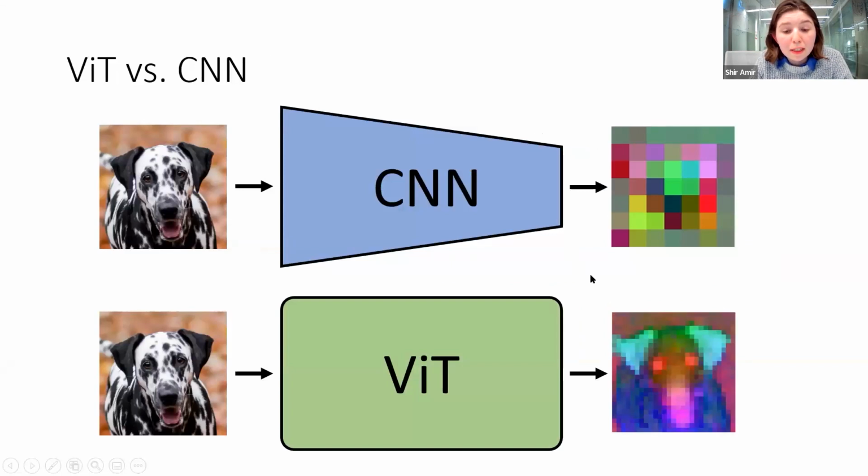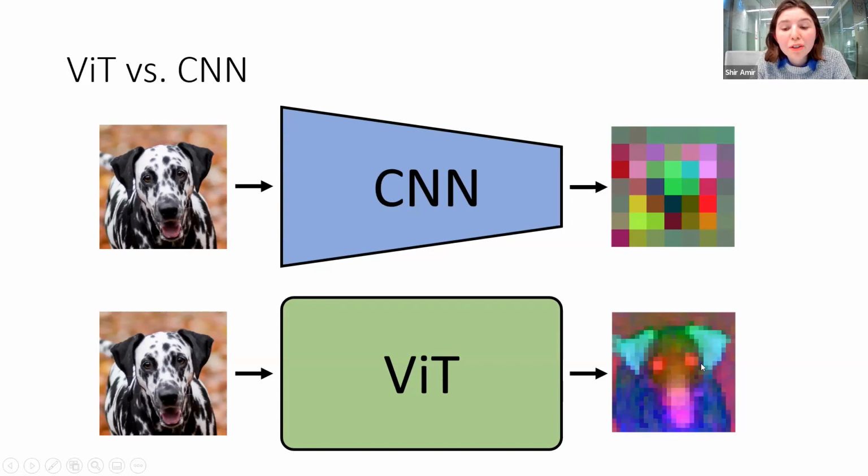As we've seen before, if we pass an image through a CNN, we receive a coarse representation, but if we pass it through a ViT, we receive a very fine representation. And in fact, you can think about it this way. If we have a representation that is both spatially localized and has high resolution, but is also semantic, this actually makes object parts emerge.